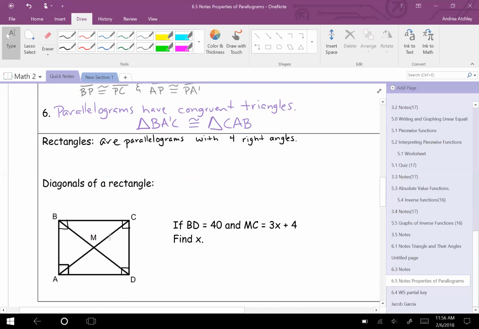Rectangles have a special thing about the diagonals. The diagonals of a rectangle are congruent.